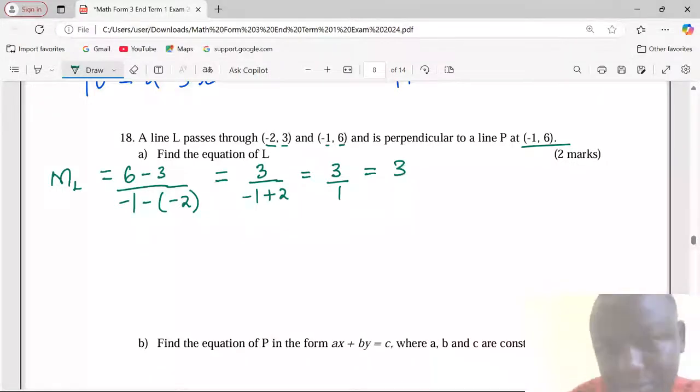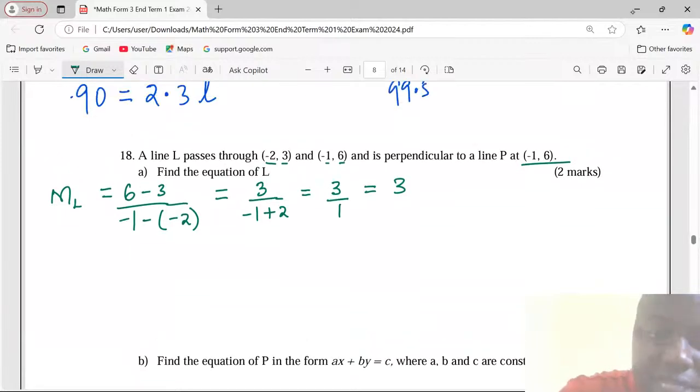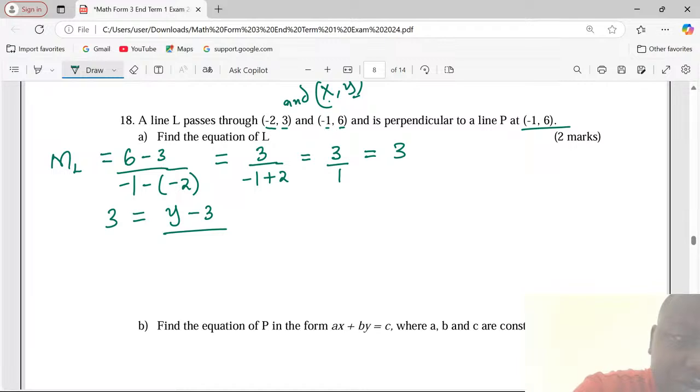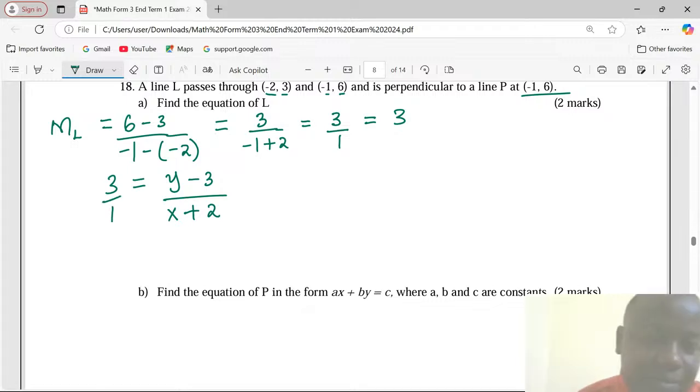If the gradient is 3, then now we can express the gradient using the first coordinate and another coordinate let to be x, y. The gradient of 3 equals change in y over change in x. So y minus 3 over x minus negative 2, making it a positive. Remember, 3 is automatically over 1.